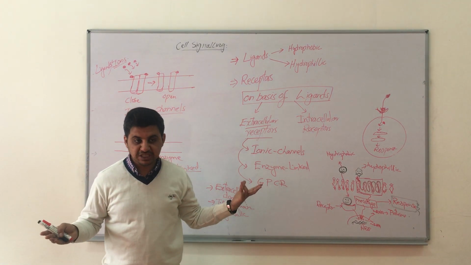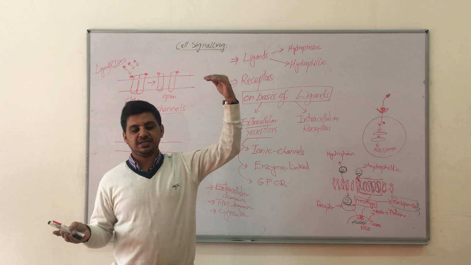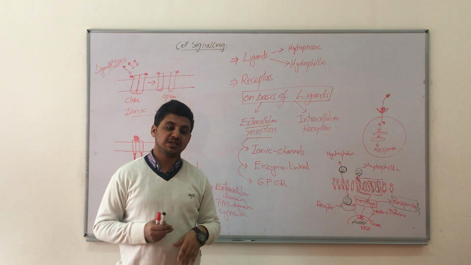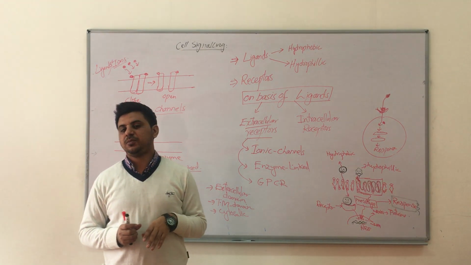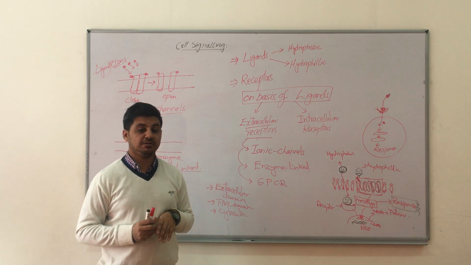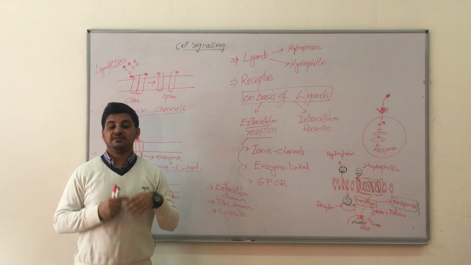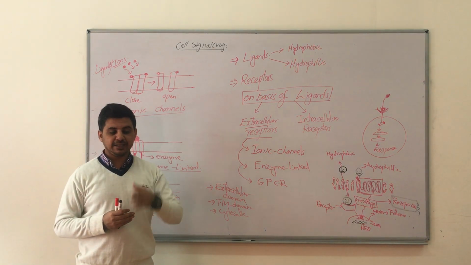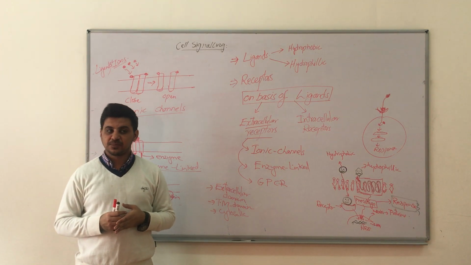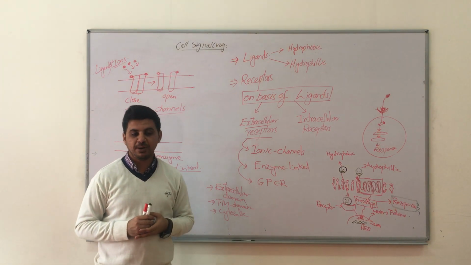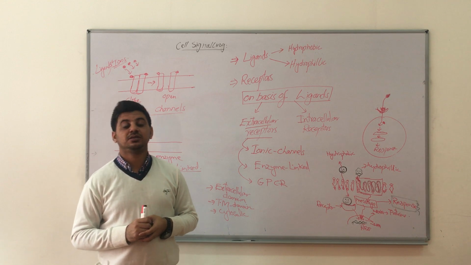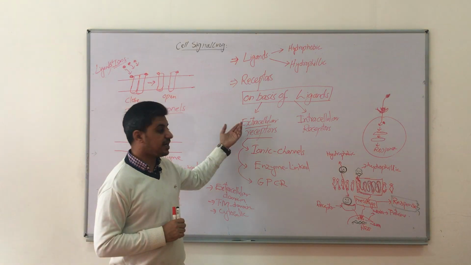Hydrophobic ligands don't need any barrier, they just enter the cytosol. For hydrophobic compounds we have intracellular receptors, and for hydrophilic compounds, which have a barrier to enter the cell, we have receptors present on the cell surface, and those are extracellular receptors.